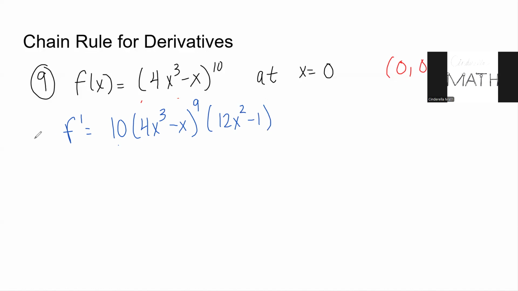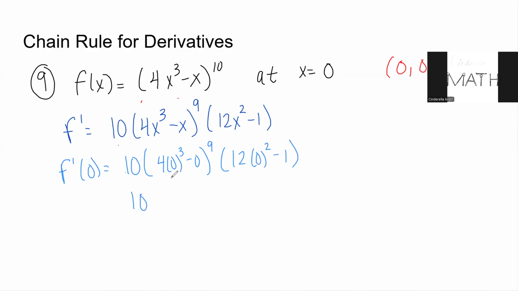Now, put 0 into the derivative. So we're doing f prime evaluated at 0. That would be 10, 4 times 0 cubed minus 0 to the 9th, 12 times 0 squared minus 1. Okay, so that's 10, this inner would be 0 to the 9th, and then this would be 0 minus 1.